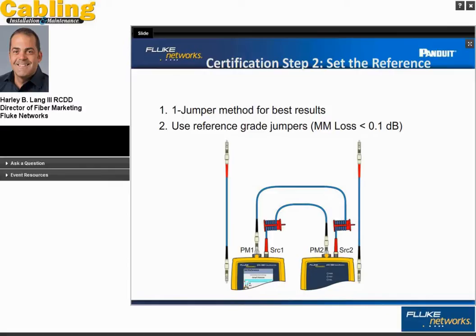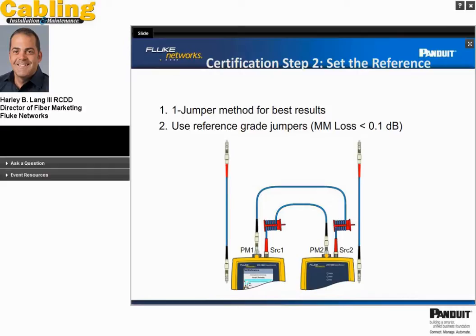Talking a little further about Tier 1 certification, in this case the diagram is using a dual fiber optical loss test set. But the first step here, and in all certification, is setting a reference. There can be a lot of confusion about setting a reference.